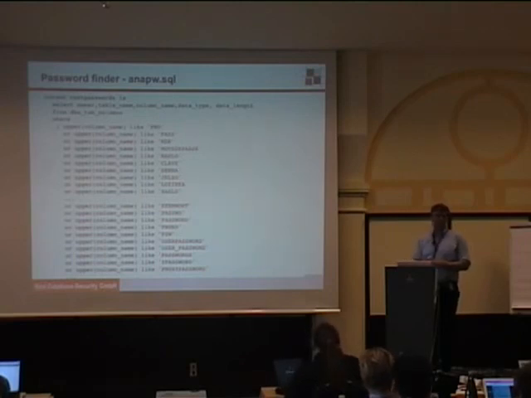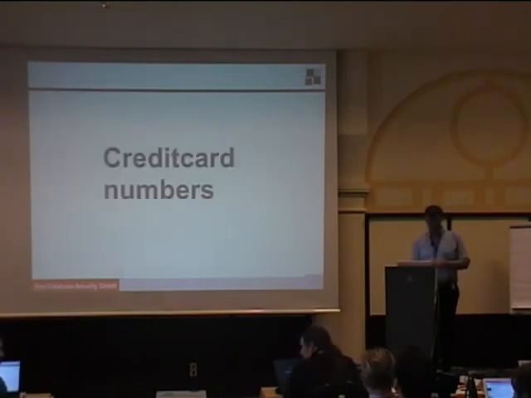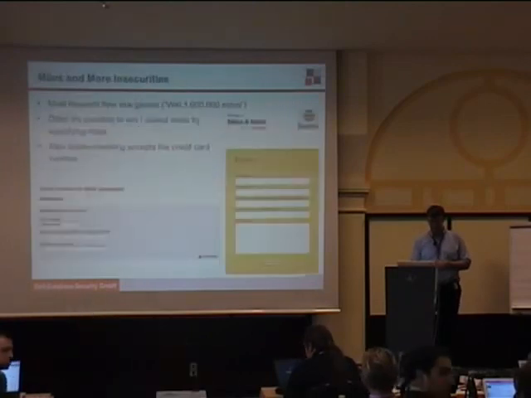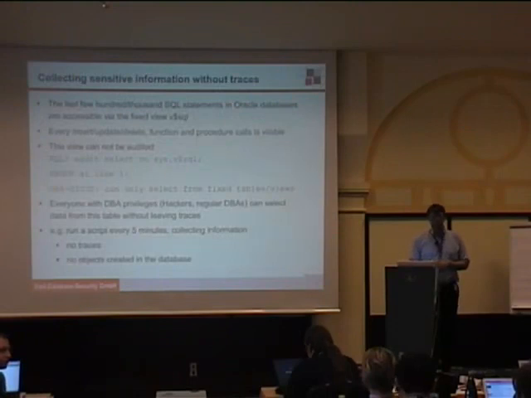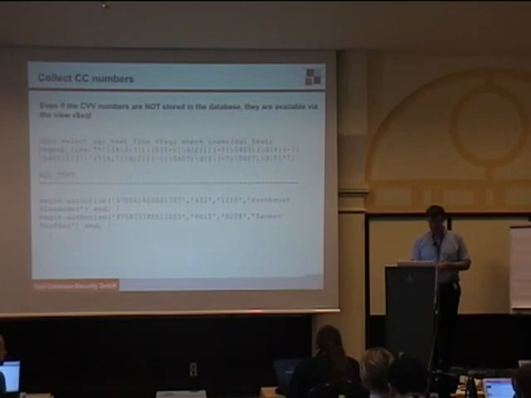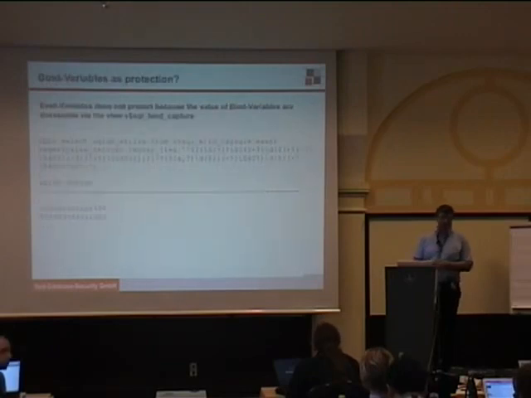Other questions? Regarding the bind variable, is there a way to obfuscate that? Is there any workaround for this, because this is a pretty big issue. Not that I'm aware of.